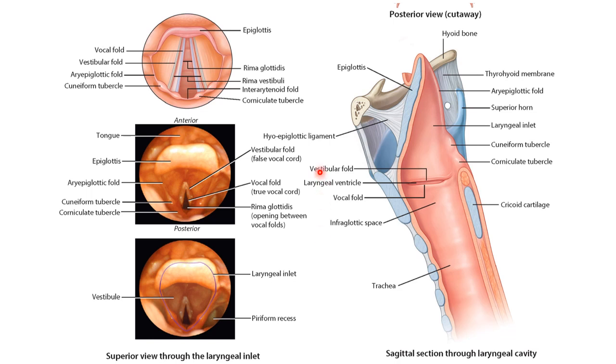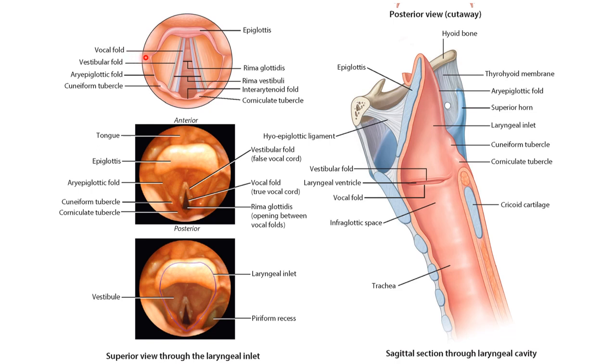If we will be viewing the inner aspect or inner surface of the larynx, this is what we will see. Okay, so this is the epiglottis, and again it folds over this region so that air does not mix with the food.